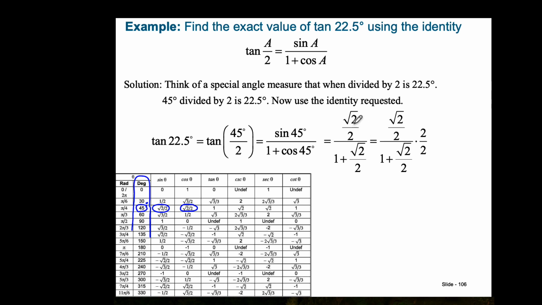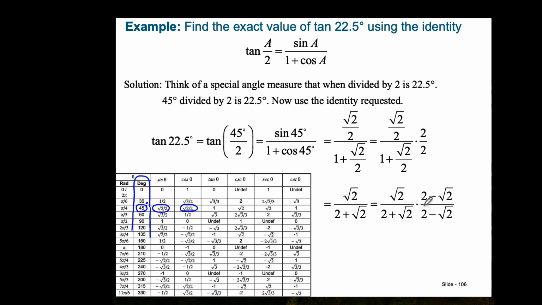That would look like this here after substituting them in. Next step, the thing you see right here is just a process called clearing the fraction. If we multiply by 2 over 2, it will take us to this, radical 2 over 2 plus radical 2.